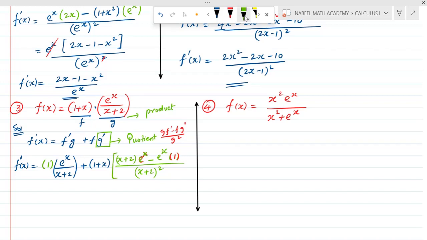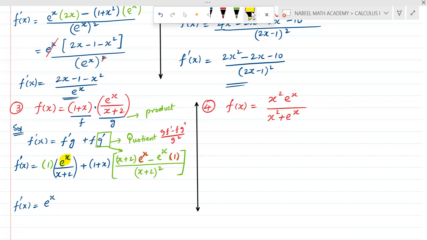This is the g. So you cannot simplify as it is. You can leave this term as it is. So what else can you do? Only you can take e power x as a common factor, because you have e power x in all the terms.